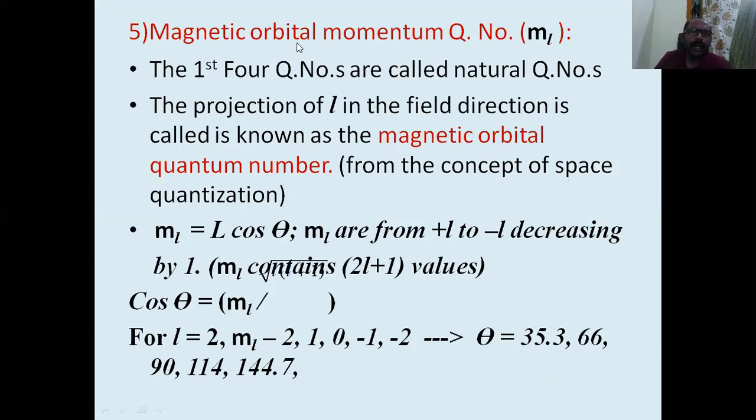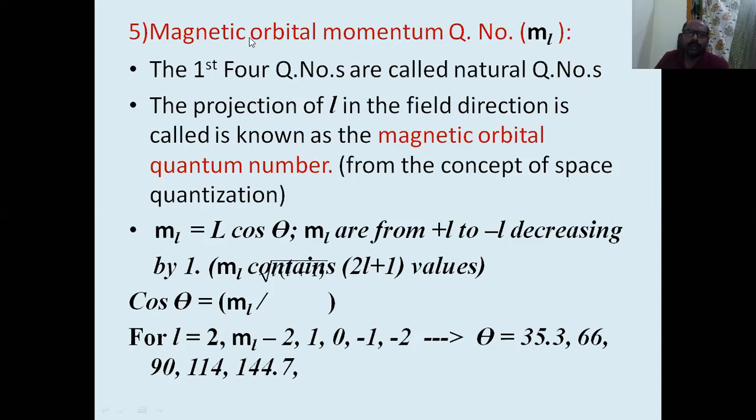Fifth one, the magnetic orbital quantum number, represented with M suffix small l. Before discussing this, the above four quantum numbers are called natural quantum numbers. The quantum numbers below come into the picture when the atom is exposed to external fields, that means a magnetic field or electric field.